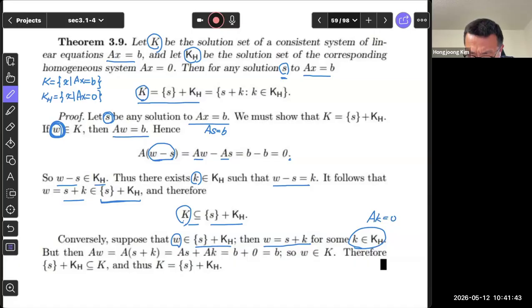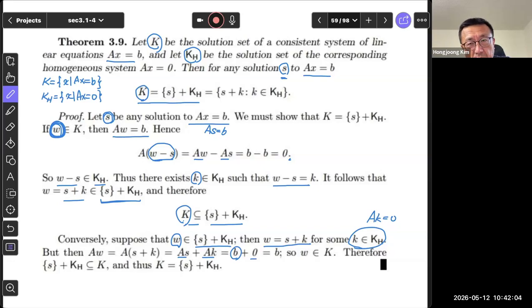Then when I multiply A with W, since W is S plus K, you get A times S plus A times K. Now A times S will be B because that's how we selected S, and A times K will be 0.